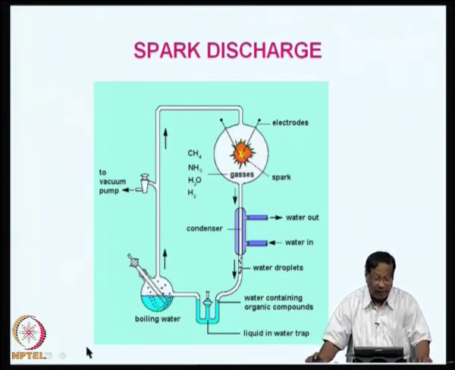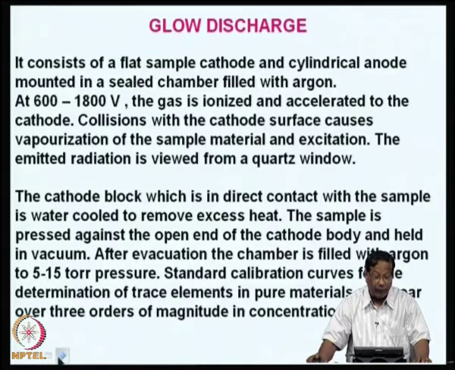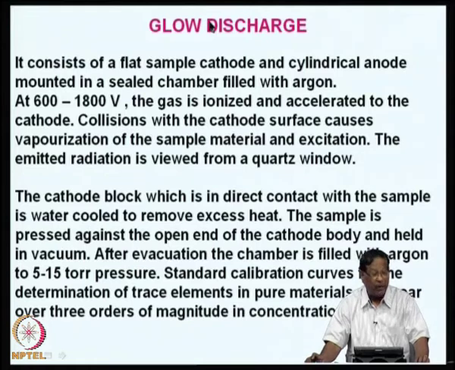This is a typical generation of arc. So, another way of looking at it is through glow discharge. It consists of a flat sample electrode and cylindrical anode mounted in a sealed chamber filled with argon.